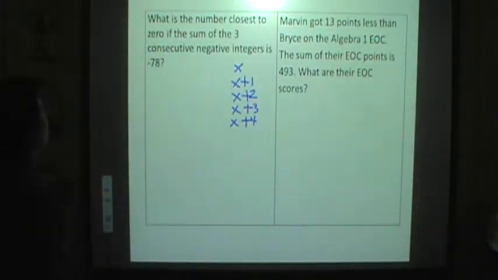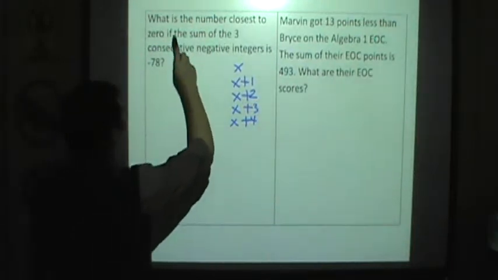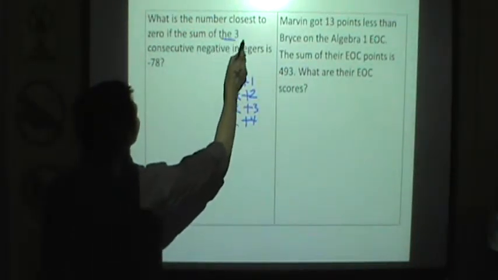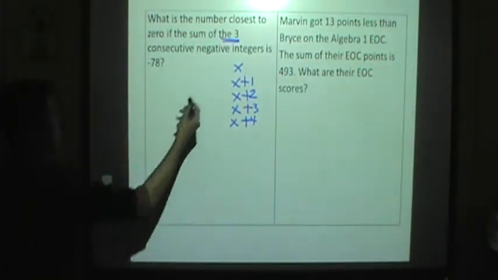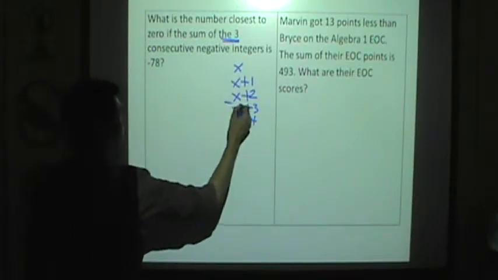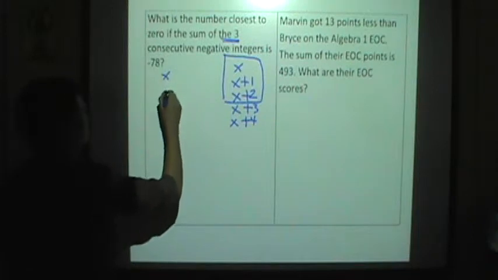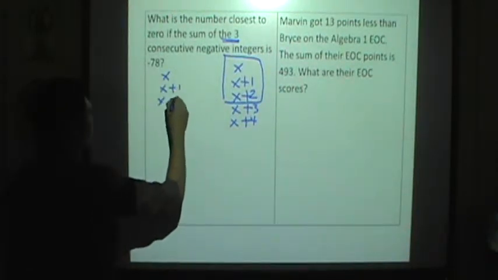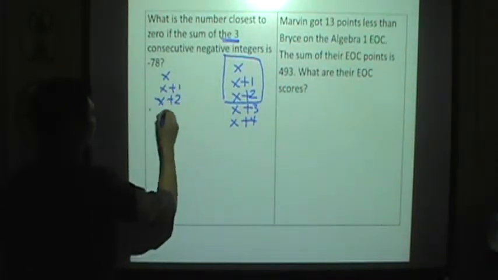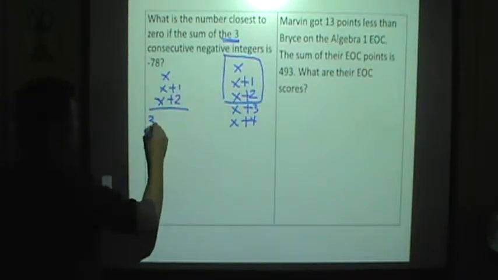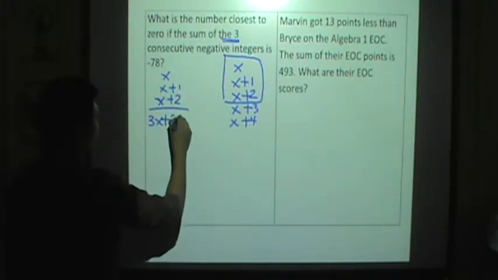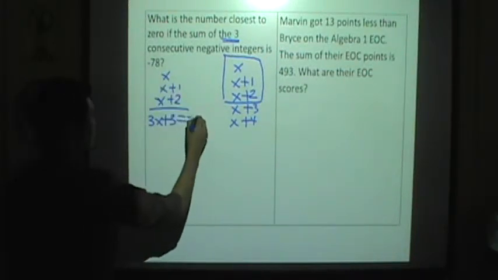Here we only need the sum of 3 consecutive, so we're just going to use these 3: x, x plus 1, and x plus 2. Add them together, it becomes 3x plus 3 equals negative 78.